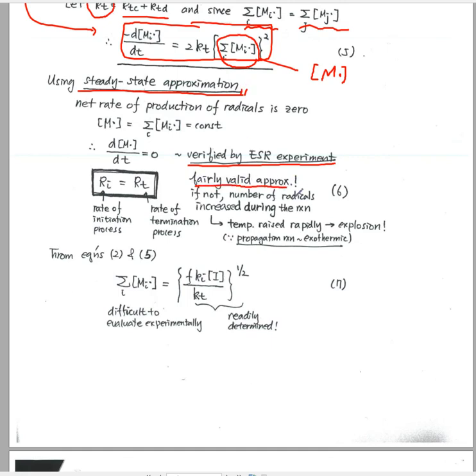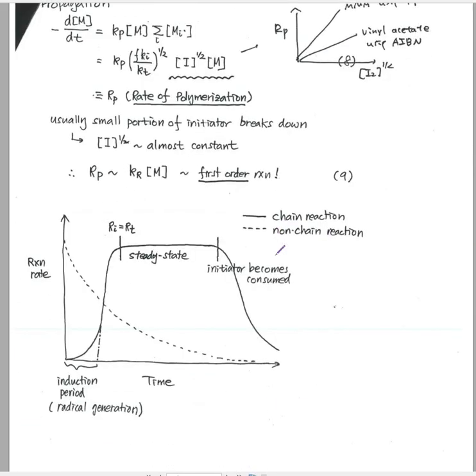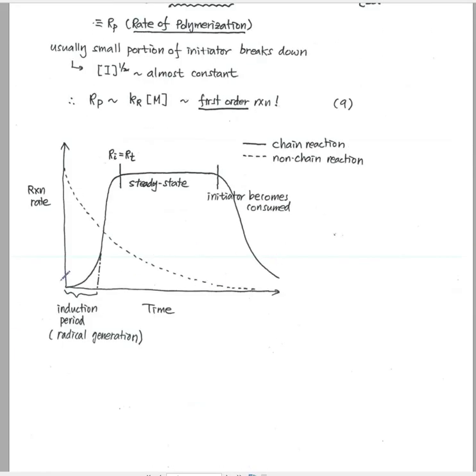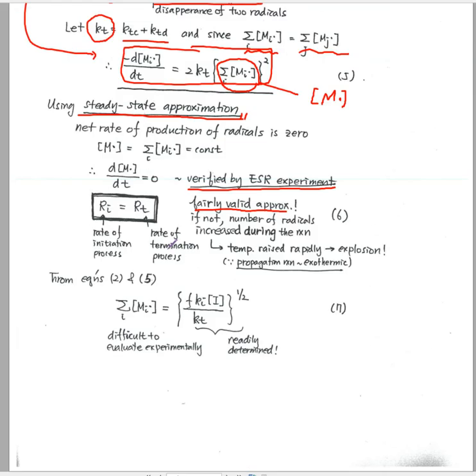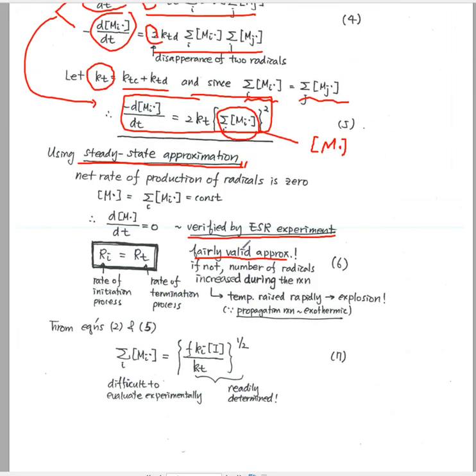I didn't really put it here, but anyhow, experimentally, it is a relatively valid approximation. The concentration of the radicals is constant during the reaction.